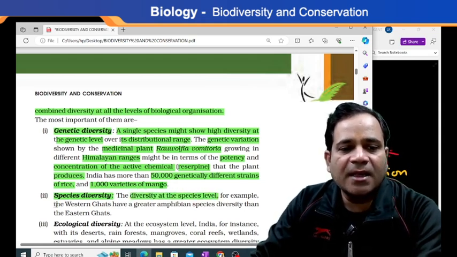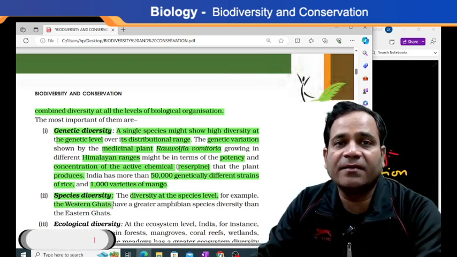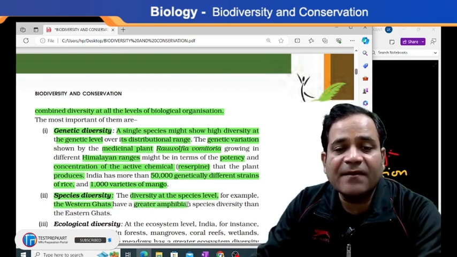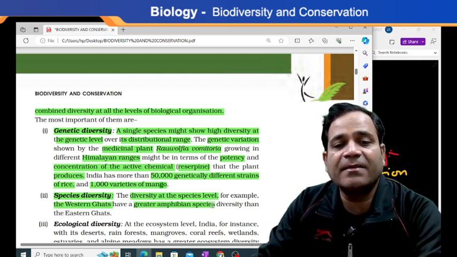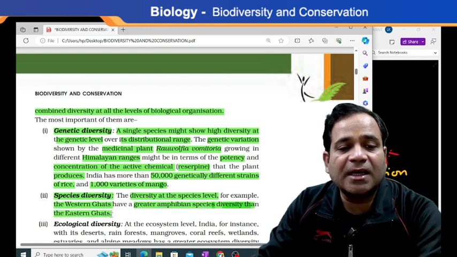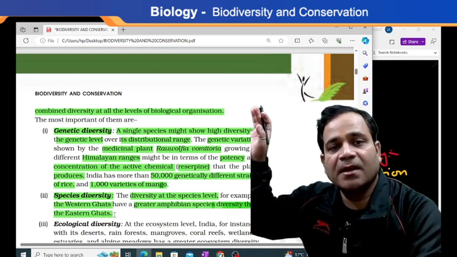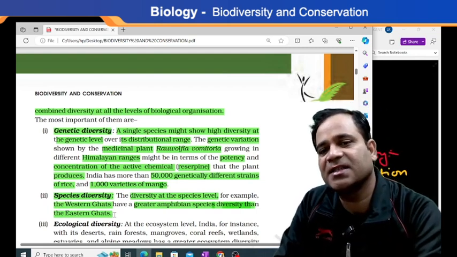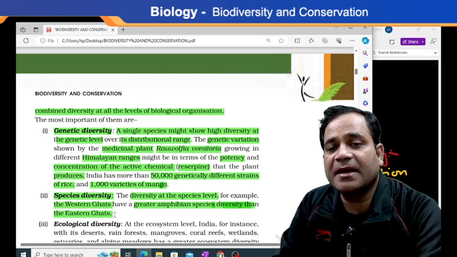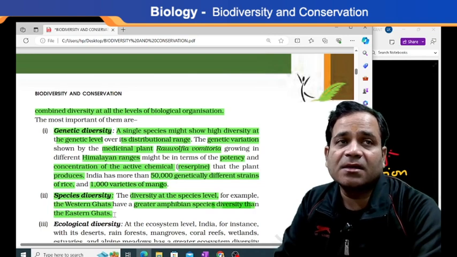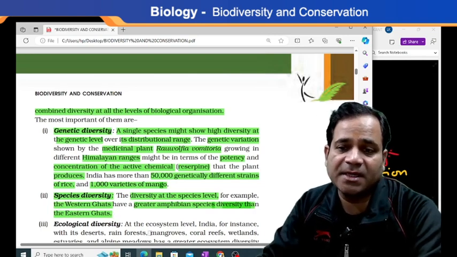For example, when you visit the Western Ghats, my dear, you have greater amphibian species diversity than the Eastern Ghats. Amphibians means what? The organisms which live on both land as well as in water. This shows great diversity, my dear. So the diversity is on the basis of the species. That's why I'm saying to you.